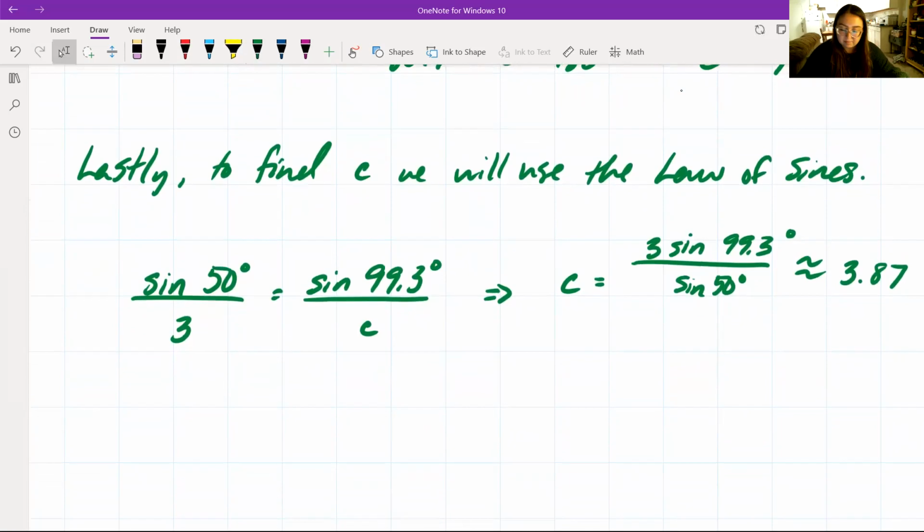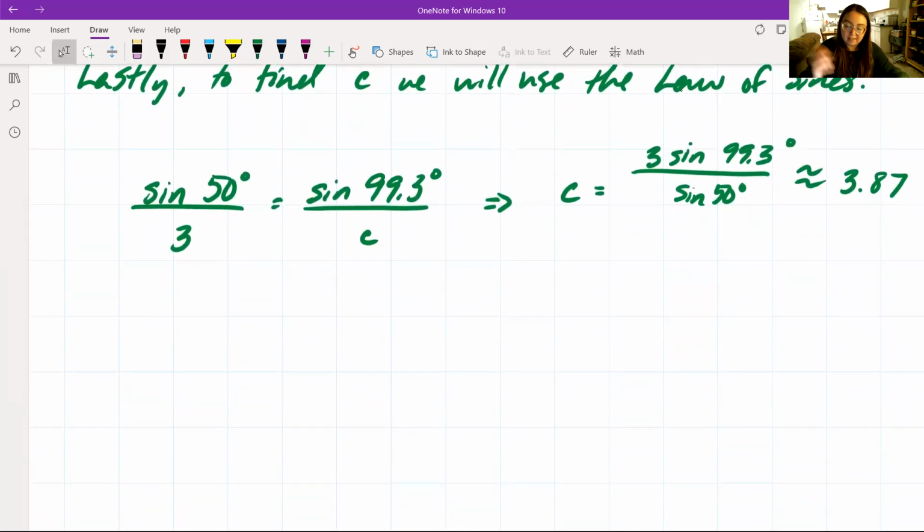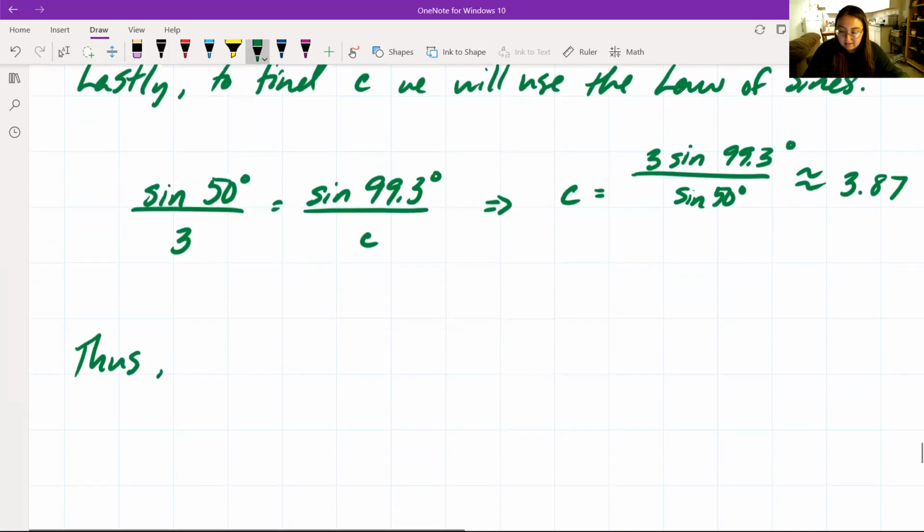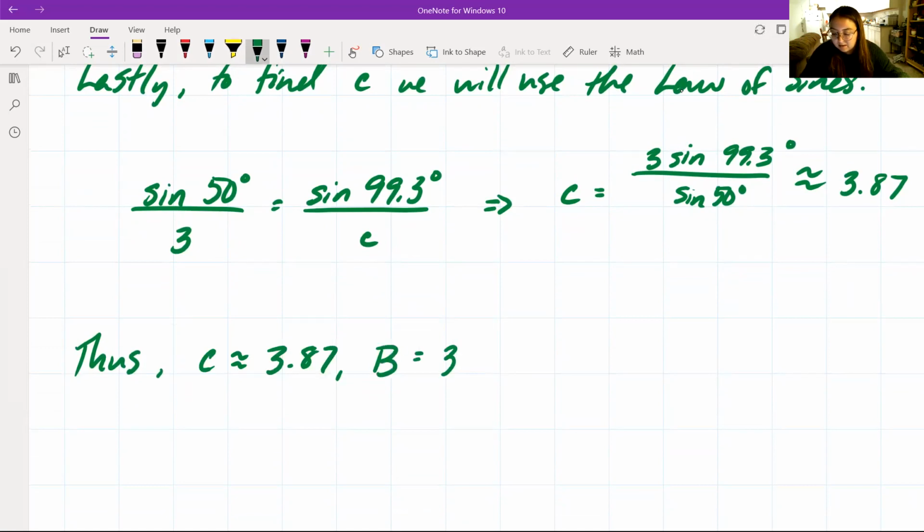So this means that we found the values. Thus, our length of c is equal to about 3.87, capital angle B is 30.7 degrees, and our angle measurement C was 99.3 degrees.